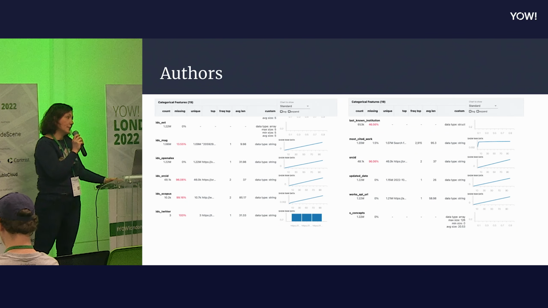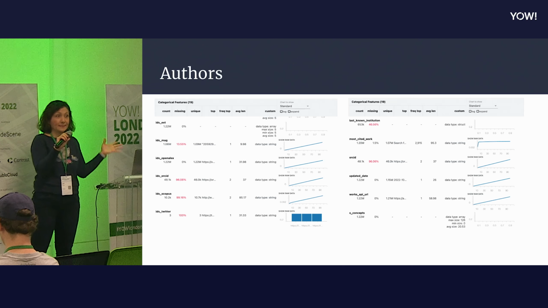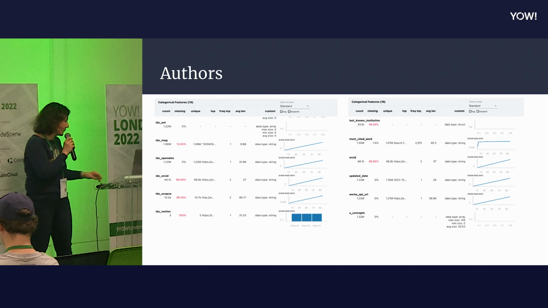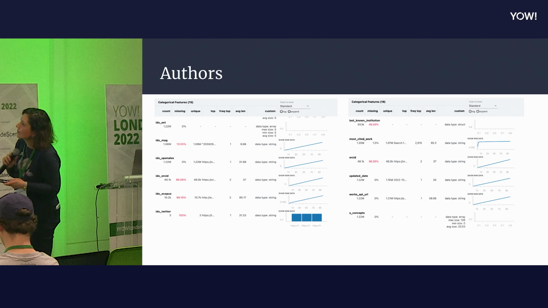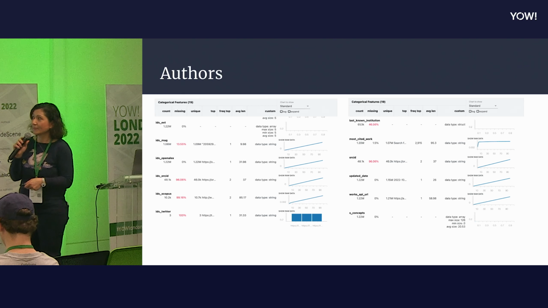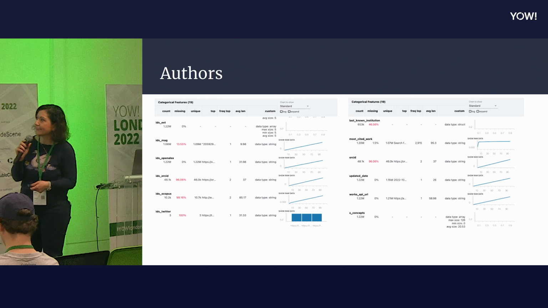Then we looked at the authors, and the data was a bit half full. For example, if we look at ORCID IDs, some people in the publishing world apparently rely on them, but some of the datasets had 96% emptiness, which means that we couldn't link them.